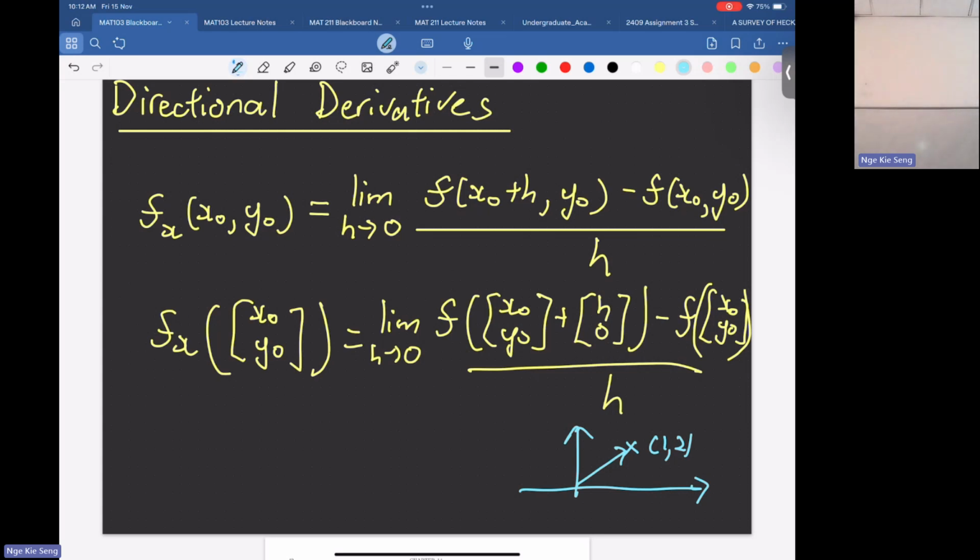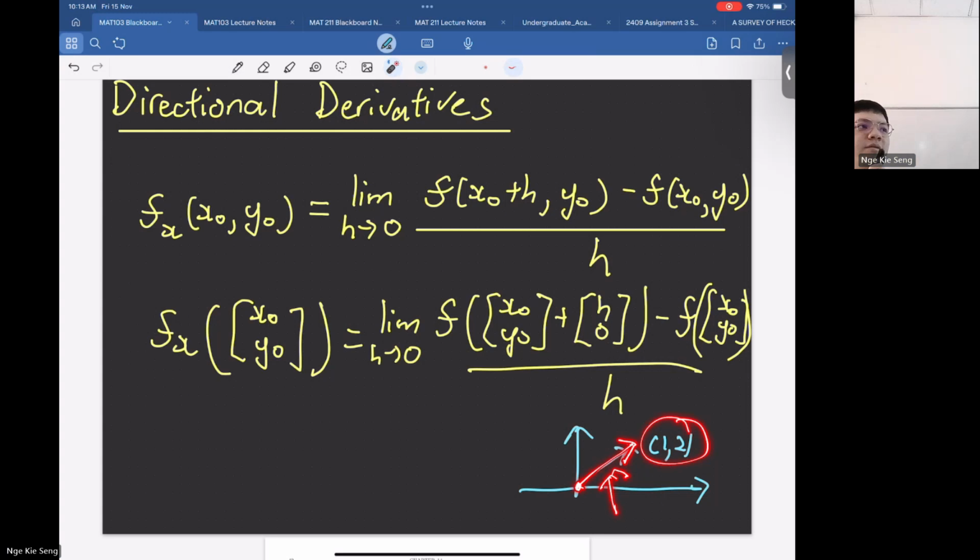I give you a vector. This vector has to start from the origin. If I give you a vector starting at the origin, it's the same as giving you the point where the vector ends. If I tell you this point is 1, 2, can you figure out what the vector is, the one that starts from the origin and goes to this point?